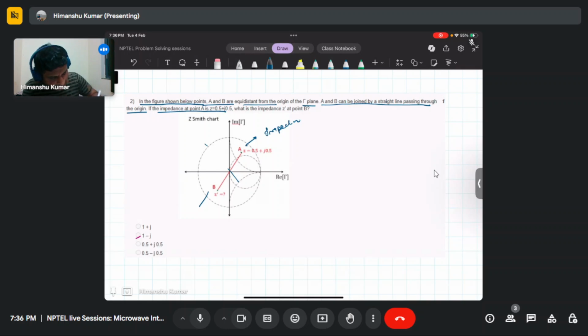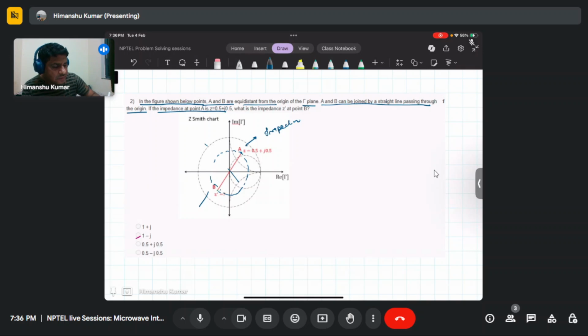So for any point, the symmetric point, a pi shift away, will correspond to the admittance.